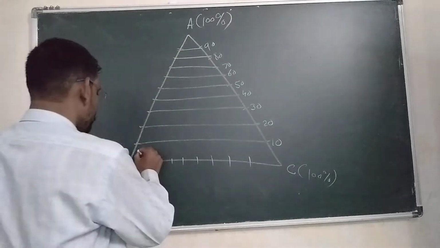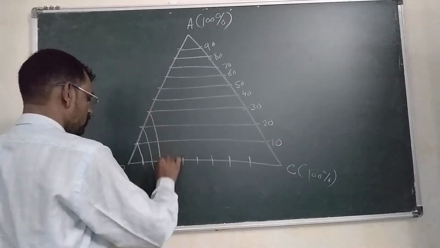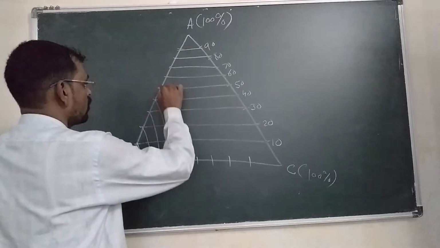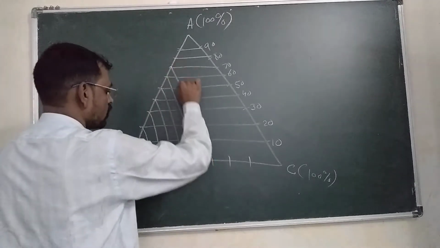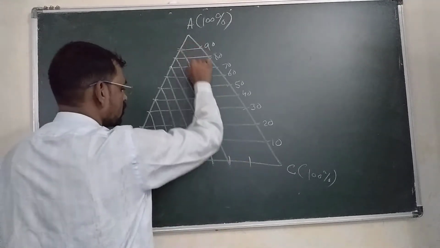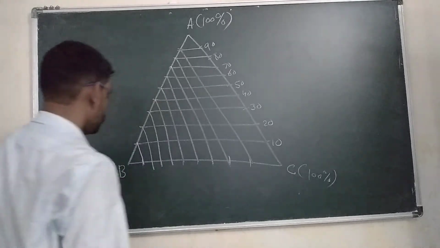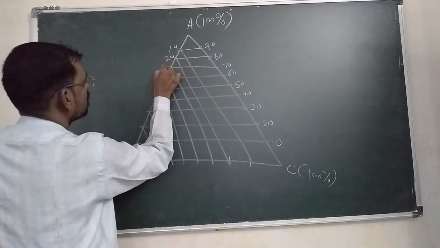Now the line lying below the B represents the composition of the B. So B is 100% here, and it goes 10, 20, 30.